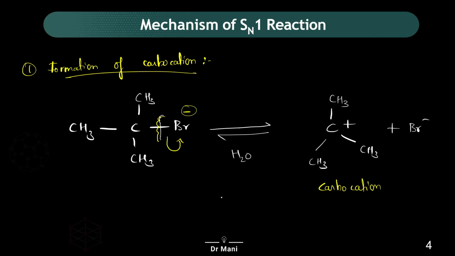Remember, this reaction happens very, very slowly. As it is happening very slowly, you can call this step the rate determining step. That means it defines whether the reaction will be slow or fast.